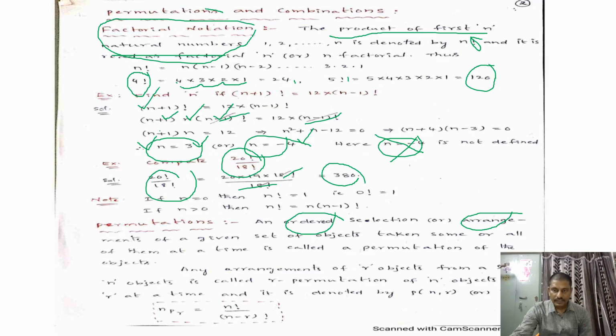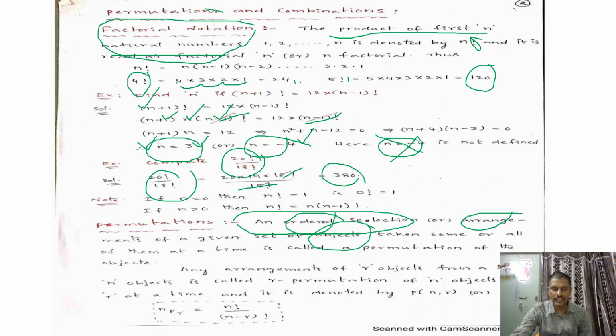But permutation, arrangement itself, requires order. So permutation is said to be an ordered selection, one by one, or arrangement of what? Of a given set of objects.